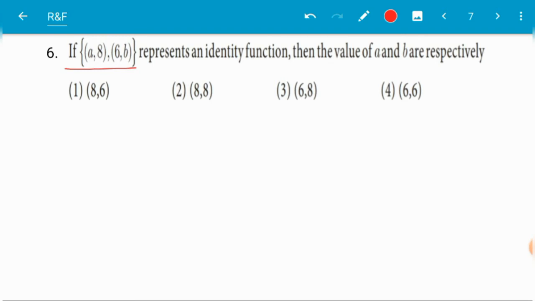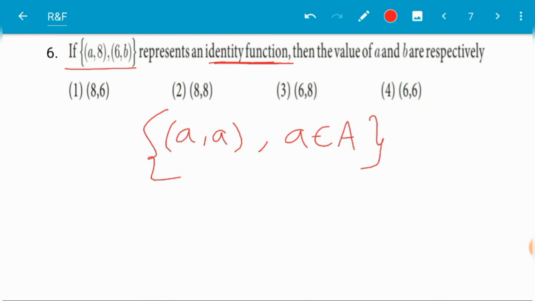So look, what is the identity function definition? I have said already: (a, a) such that a belongs to capital A. This is the simple thing you can remember. First element and second element should be equal. Then only it is an identity function. So (a, 8) is given, so must and should a is equal to 8.